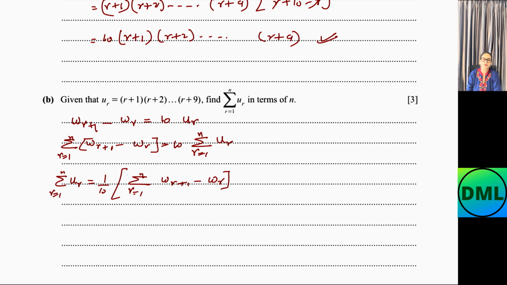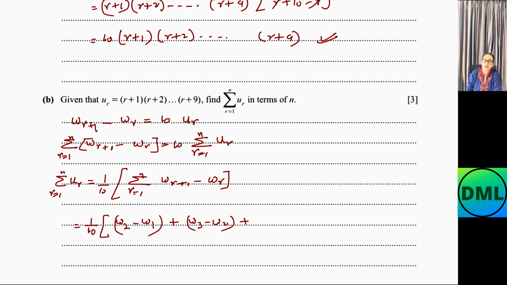Let's substitute the values R equals 1, 2, 3 on the right hand side. This will be equal to 1 over 10 times: if I put R equals 1, this will be W2 minus W1. Then if I put 2 here, that will be W3 minus W2.